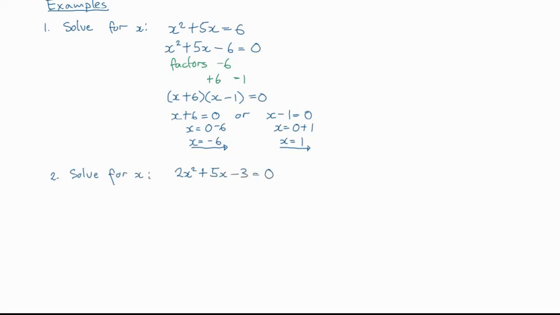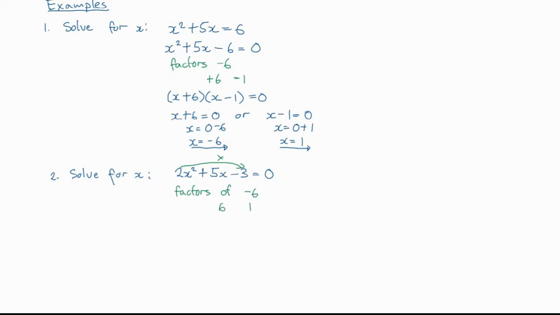This part, the 2x squared plus 5x minus 3, is a standard quadratic trinomial. So we're just going to factorize it like what we did in the previous video, where I take 2 multiplied by 3. I'm going to find factors of -6 that add up to +5. I'm thinking 6 and 1.